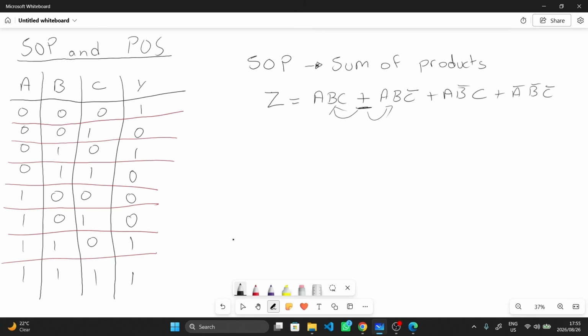Another thing in both SOP and POS is that the complement line, the bar or not, is always above only one variable. As you can see in this example, the bars are not touching each other. A reminder: if you watched the De Morgan's theorem video, this is not equal to (A B C) complement.